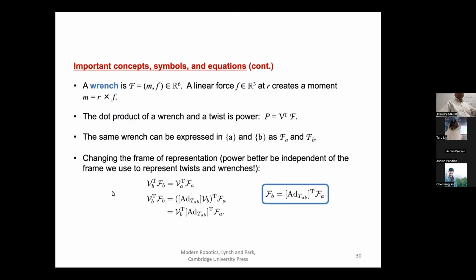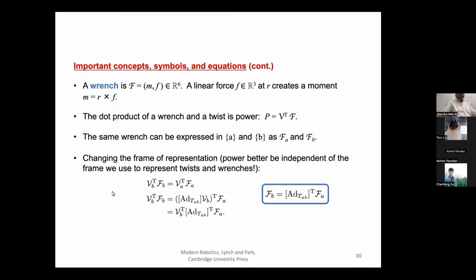And the title of the paper is Screws and Wrenches That You Cannot Buy in a Hardware Store. Okay, because he was trying to teach this stuff. So anyway, wrench is the term for the 6 vector, which corresponds to a force and a moment.